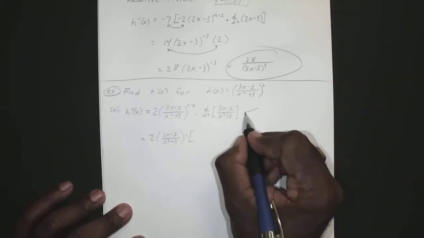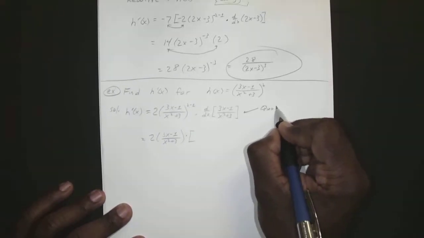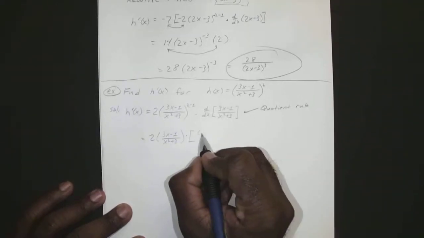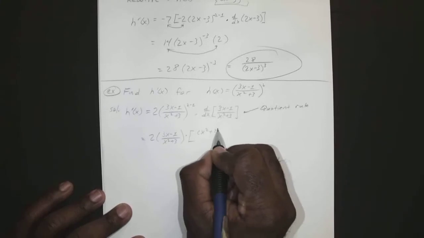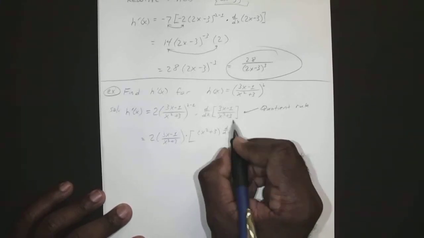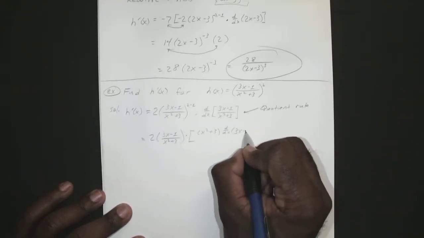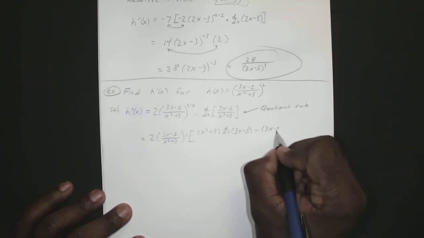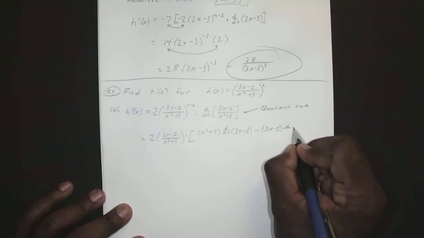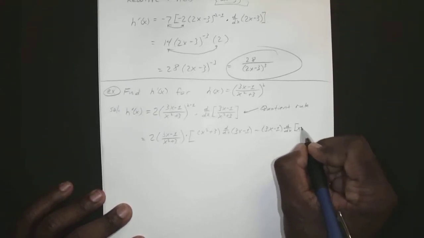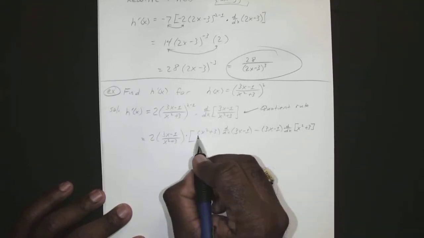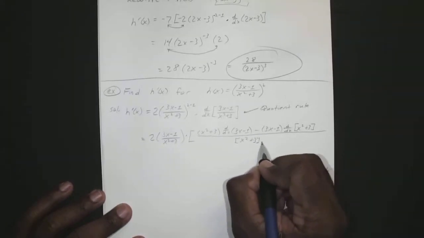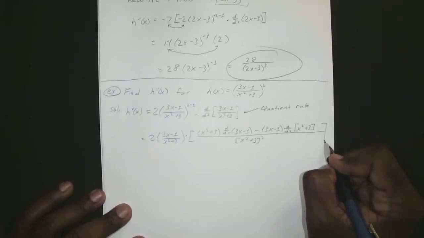Remember, for your quotient rule, you have the denominator times the derivative of the numerator, minus the numerator times the derivative of the denominator, all over your denominator squared. Okay, close that up.